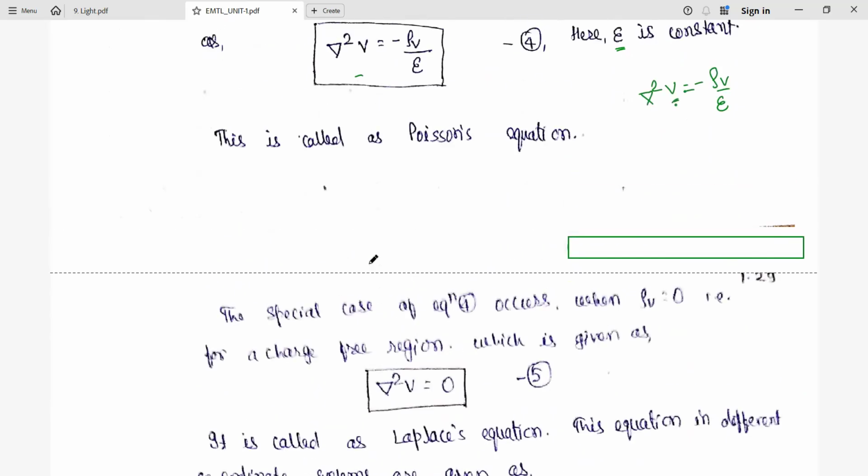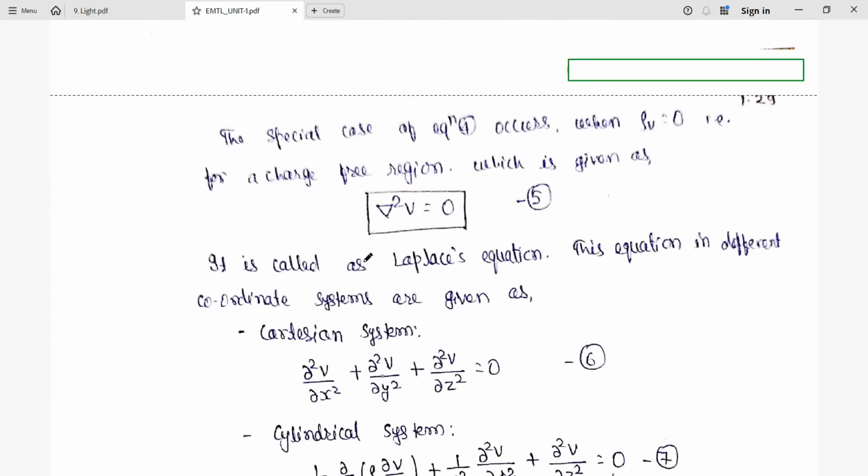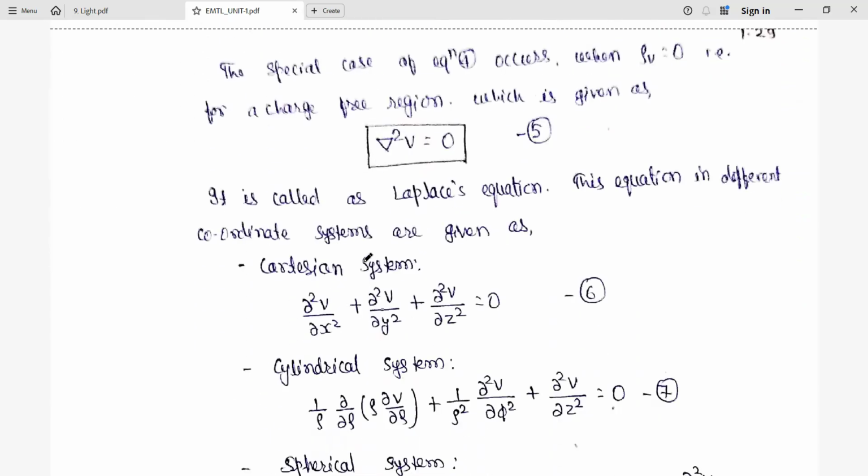Now we are going to apply a special case in the Poisson equation, and you'll see how we get the Laplace equation. When we apply rho v equal to 0, what is the situation? It is a charge-free region. Like in the case of boundary conditions, we have seen rho s equal to 0, the charge-free region.